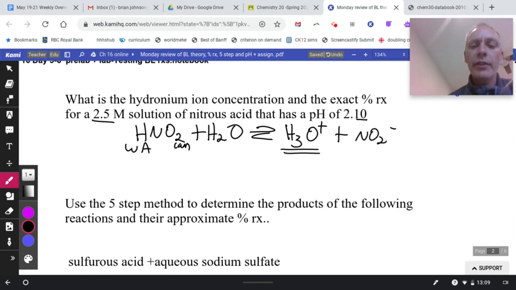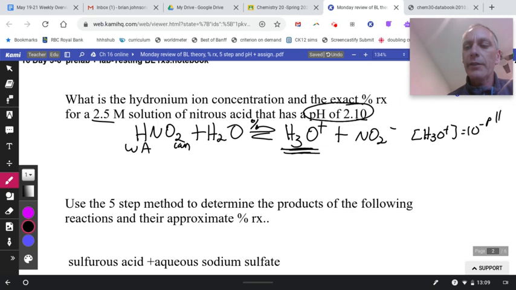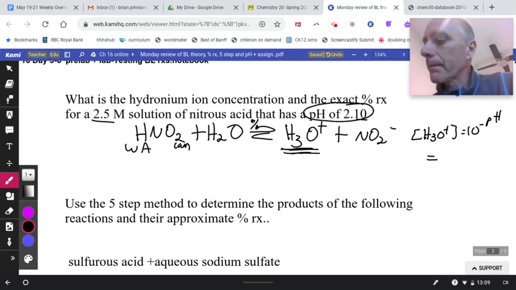This is what we're interested in, but we do not know the percent reaction. We just know it's less than 50%. But we can get this from the pH. So the concentration of hydronium is 10 to the negative pH. Isn't this stuff fun?